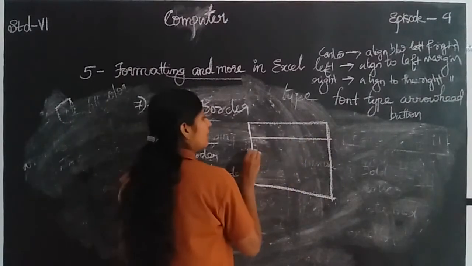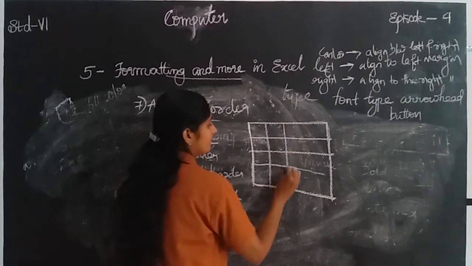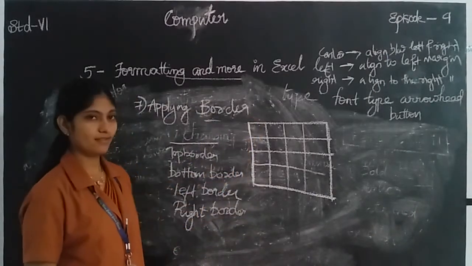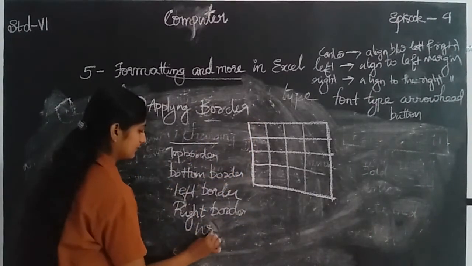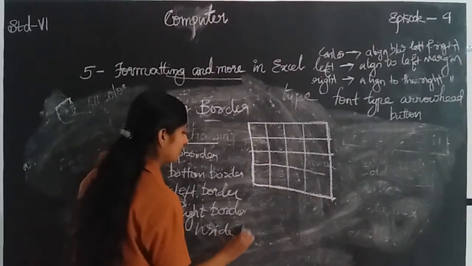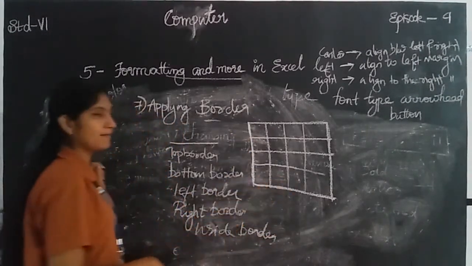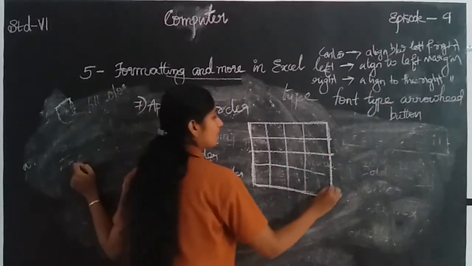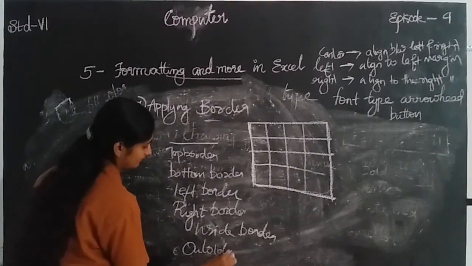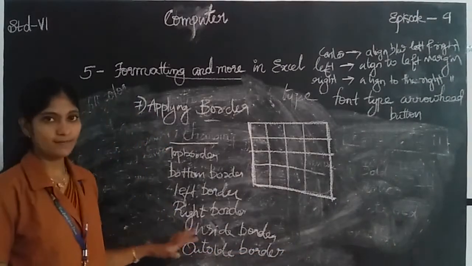Inside means if you want to make the border inside, it looks like this. Inside border. Then this is outside border. Outside border means outside four borders. So these are the main different types of borders.